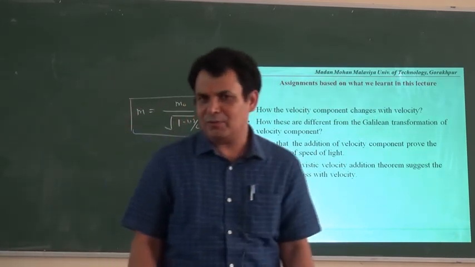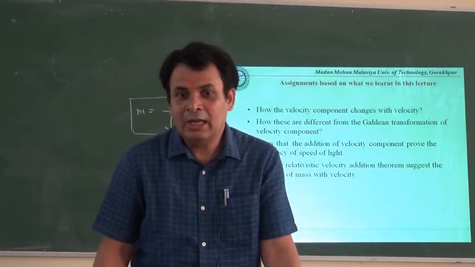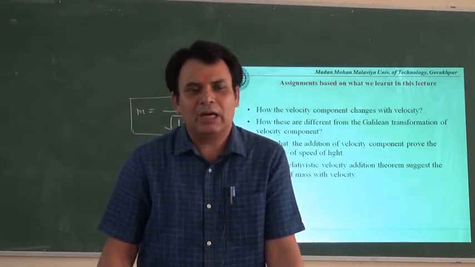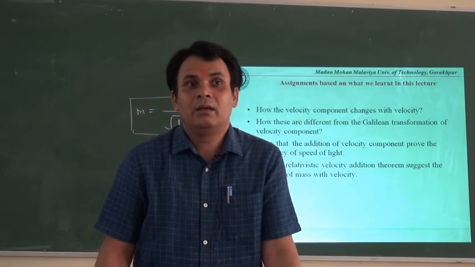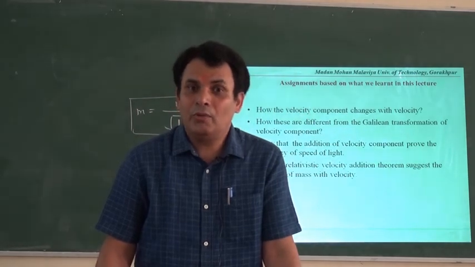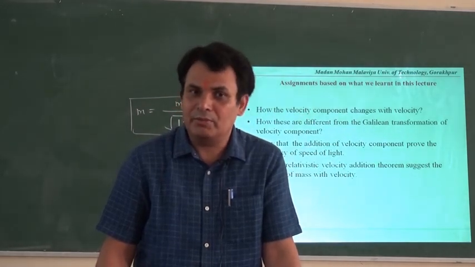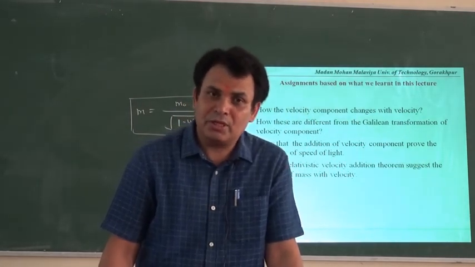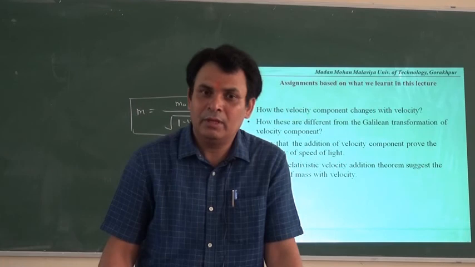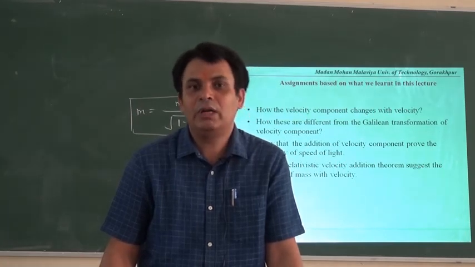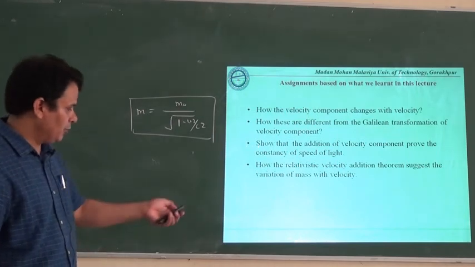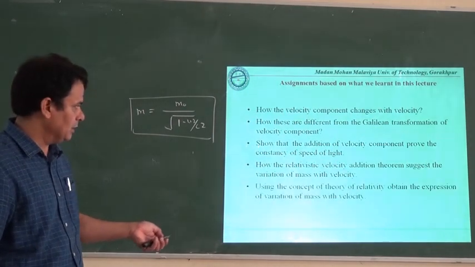The basic fundamental concept I have already discussed: if the component of velocity no longer remains constant, then the law of conservation of momentum will be in trouble. And if anybody is adamant to preserve the law of conservation of momentum, then that can be done only at the cost of the variation of the mass of the body. That we have to realize here.